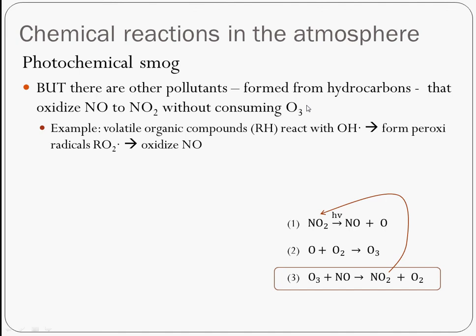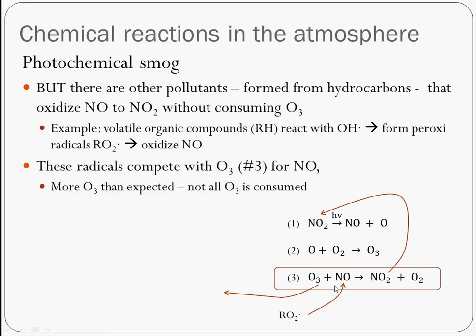So there's these other pollutants formed from hydrocarbons that can oxidize NO and NO2 without consuming ozone. So instead of this happening, we've got these other volatile organic compounds reacting to form peroxide radicals that oxidize the NO. So instead we've got this coming in, reacting with the NO to form some other molecule, and so that leaves the ozone in the atmosphere.